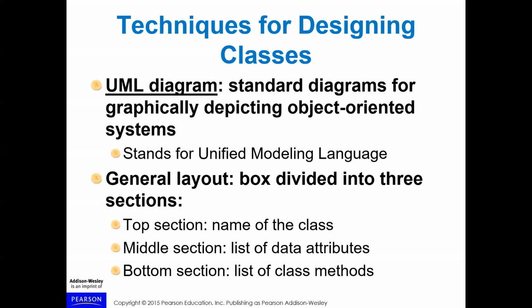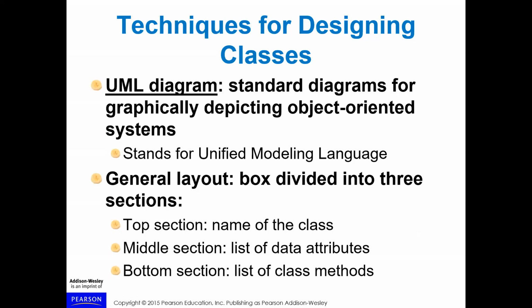Okay, so I've talked about that. Now, techniques for designing classes. There's a diagram, the UML diagram. There are standard diagrams for graphically depicting object-oriented systems, which stands for the Unified Modeling Language. I'm not going to make you do this.